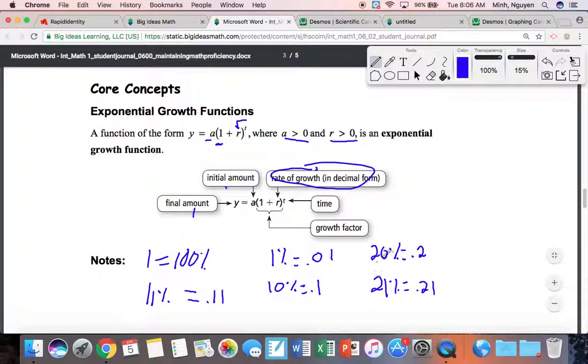As a reminder, if you start off at a percent, you just move the decimal over twice, and you have a placeholder if you need it. The placeholder is 0. There you go. Starting at the end, that's just 0.1. That's just 0.2. That is 0.21.